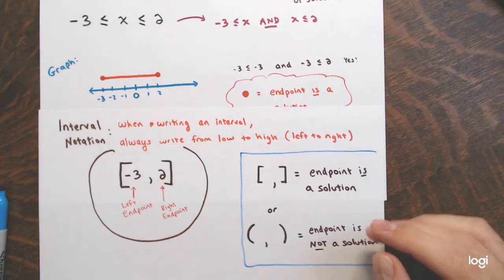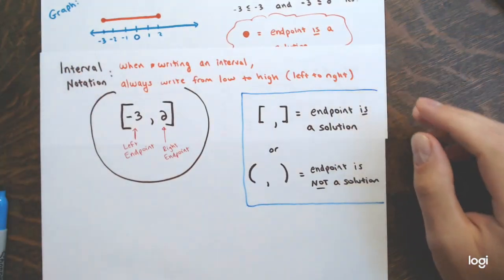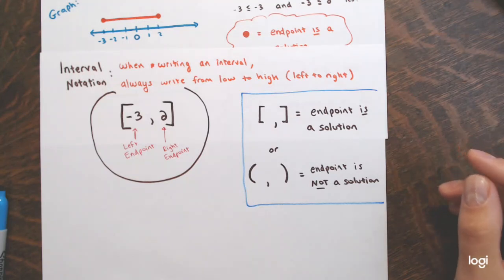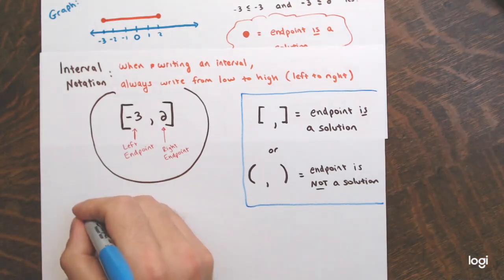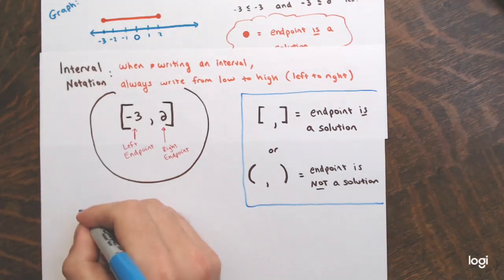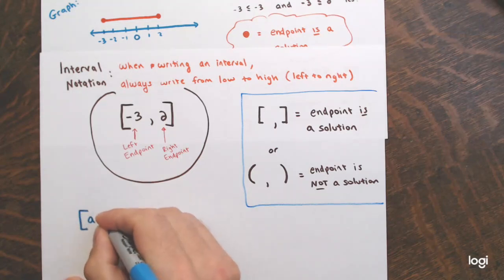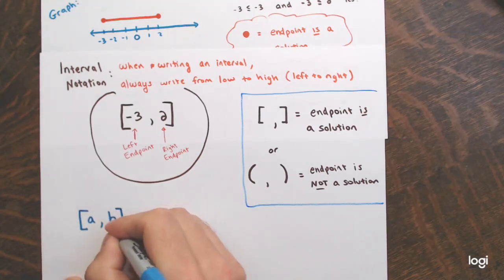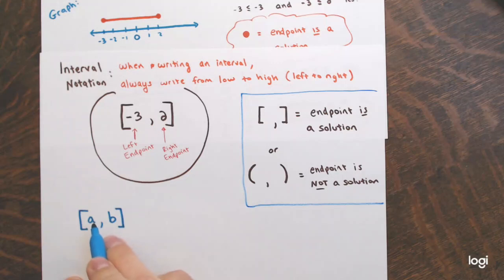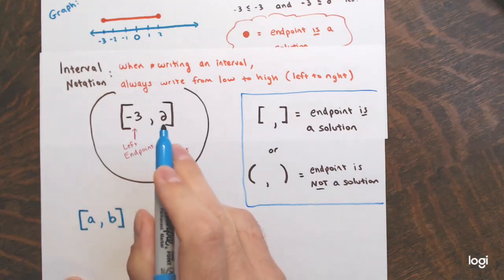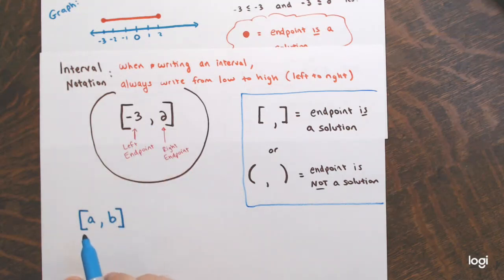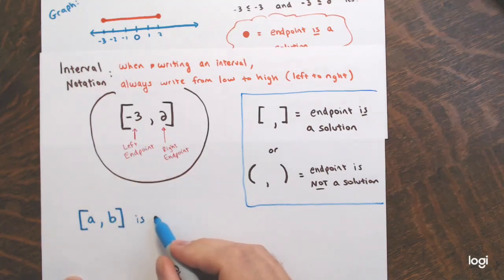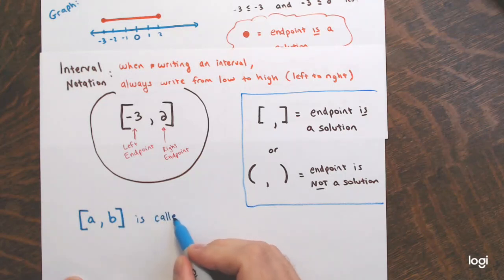All right, and one other thing to point out, another word you're going to see: if you see an interval like this, where a and b are real numbers, like -3 and 2, and both ends are these rectangular brackets, like I have here, this kind of interval is called a closed interval.